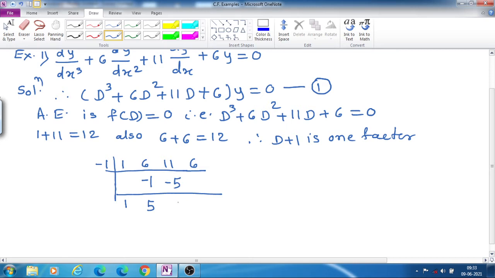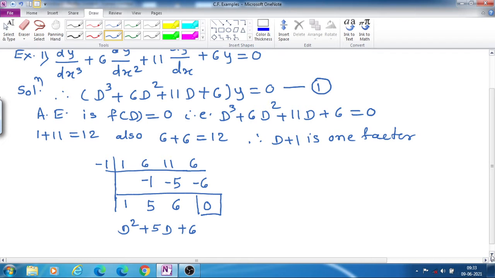Then addition of these two is 6. Again multiplication of minus 1 and 6 is minus 6. Addition of these two is 0. When here we get 0, then our division is correct. So these are the coefficients of the next factor. So your next factor is d square plus 5d plus 6.